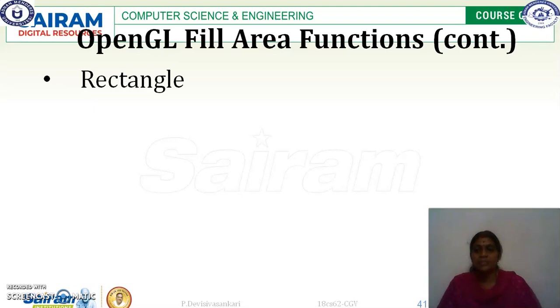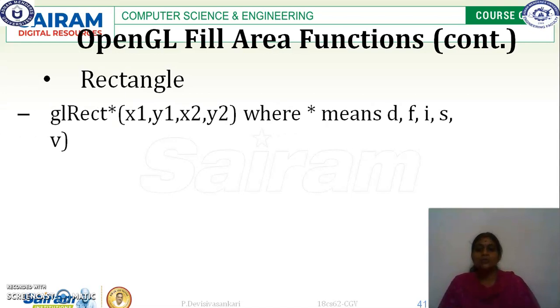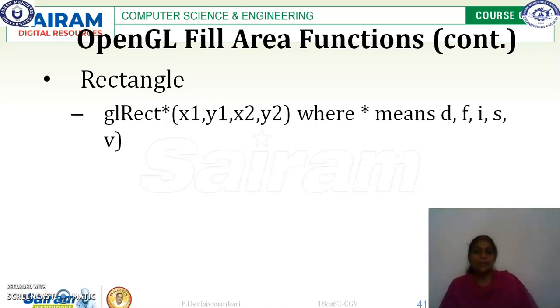The very first function is for drawing a rectangle. To draw the rectangle we use glRect asterisk. We always need four coordinates, x1, y1, x2 and y2, a combination of xy values. The asterisk means the suffix can indicate double, floating point, short, or integer, or it can be a variable.